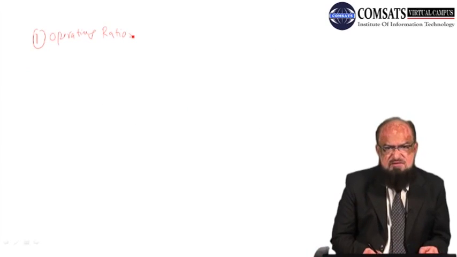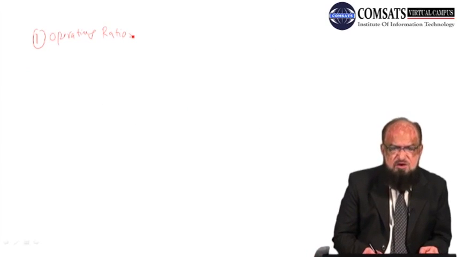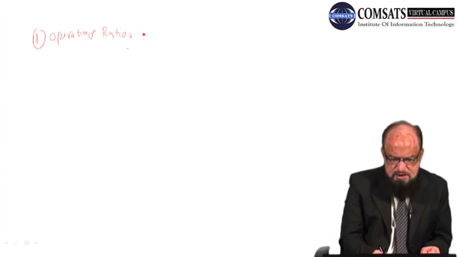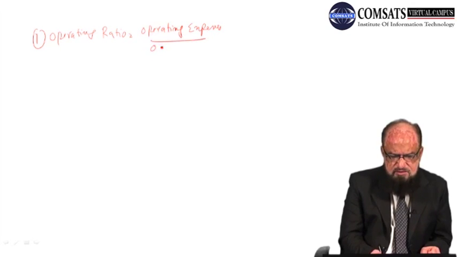First of all, we will discuss the operating ratio. Dear students, operating ratio formula is very simple. It is operating expenses divided by operating revenue.